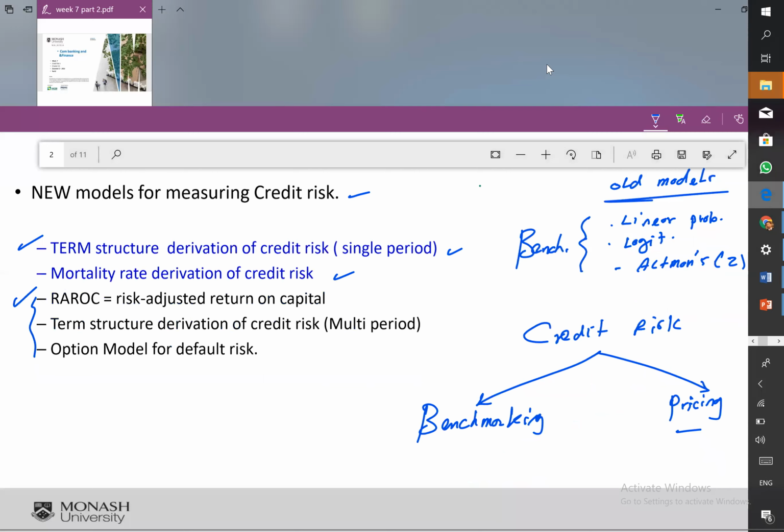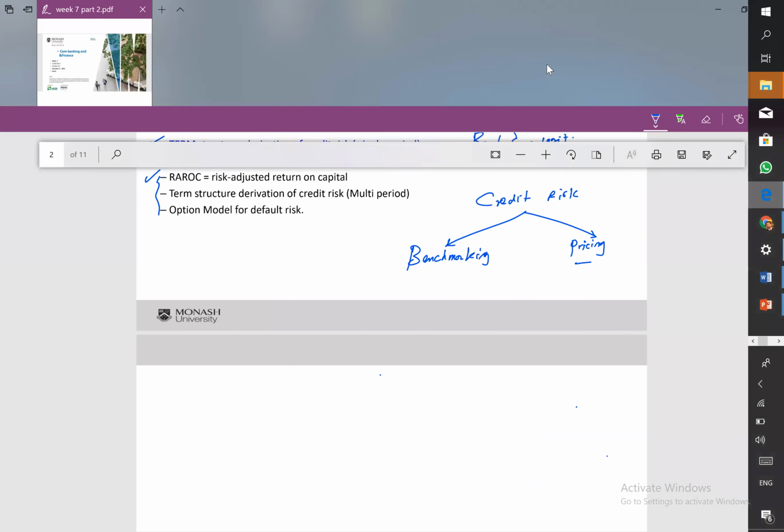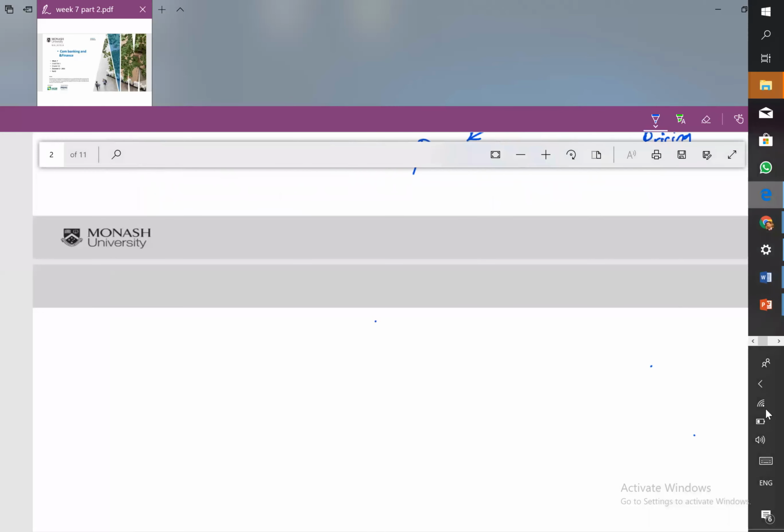Now, let me tell you what is the concept behind this term structure. The term structure is telling me, if I have $1, I can invest this $1 in corporate, or I can invest $1 in the central bank, in treasuries, and receive the fixed risk-free rate.